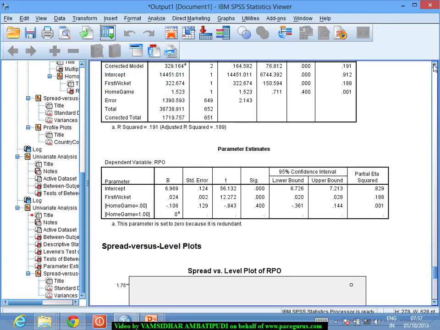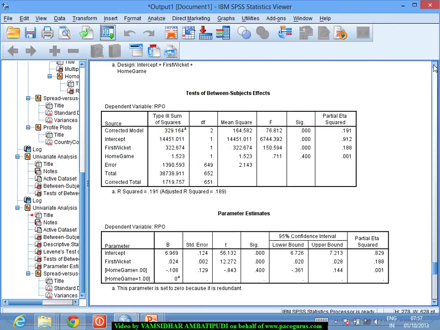Now, look out for the tests of between-subjects effects.